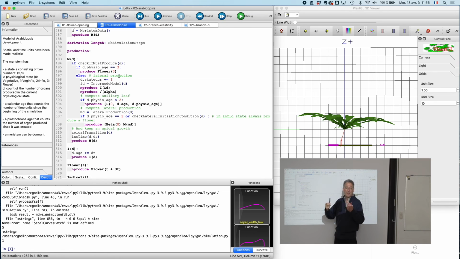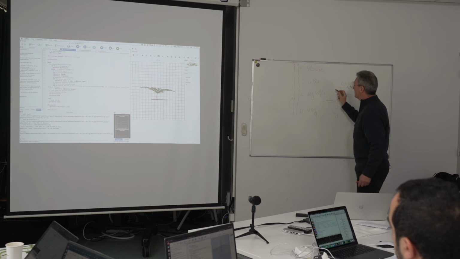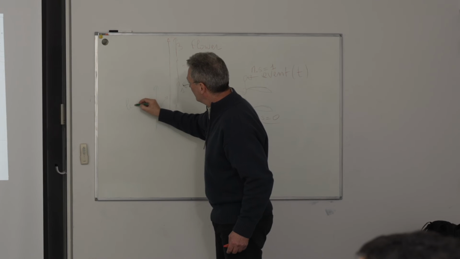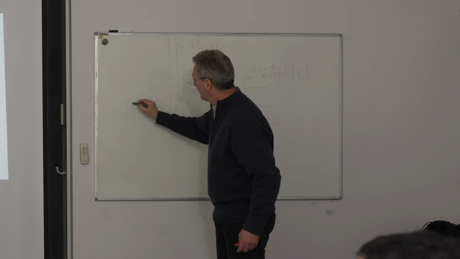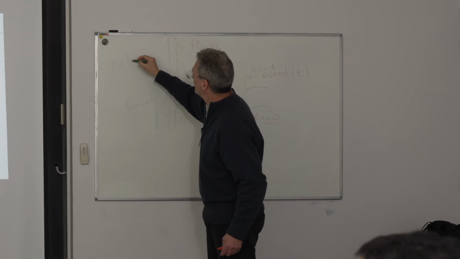But if I am above state 2, I won't produce this leaf because I skip this line in which I produce the lateral leaf. So obviously, I produce leaves in these two states, but not here, there are no leaves.